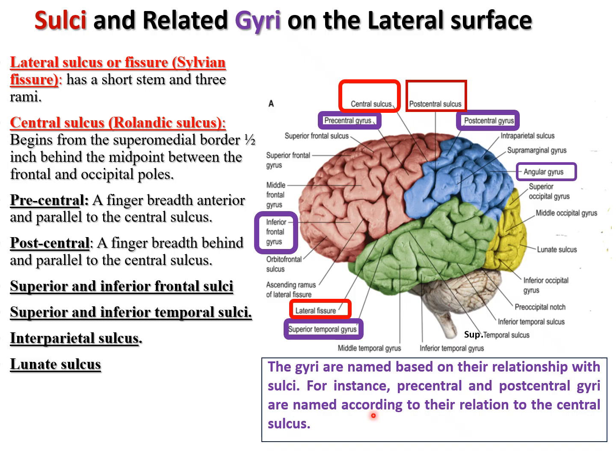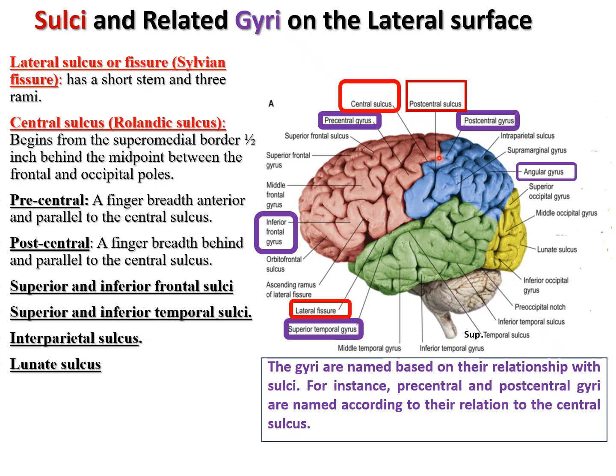Here are the sulci and related gyri. These gyri, or elevations, are named according to their position relative to the sulci. First, we need to know about the central sulcus here. The central sulcus is found at the superior border of the cerebral hemisphere, about half an inch or 1 centimeter behind the midpoint between the frontal and occipital poles of the brain.